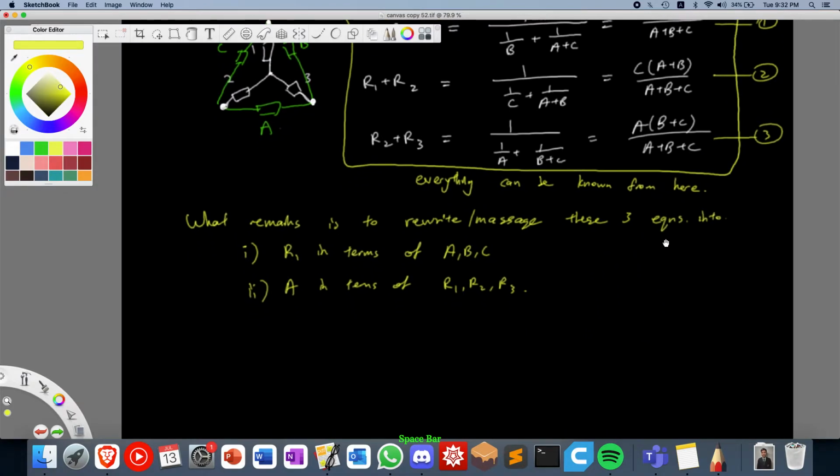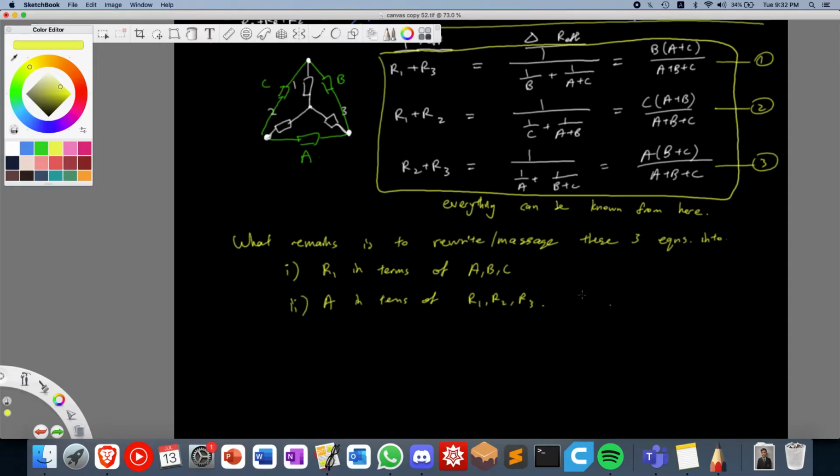To do one is actually really easy, because we just need to take linear combinations of these. On the left hand side we already have linear stuff, so we just take 1 plus 2 minus 3. That will give us 2R1 on the left hand side, because R1 plus R3 plus R1 plus R2 minus R2 plus R3.